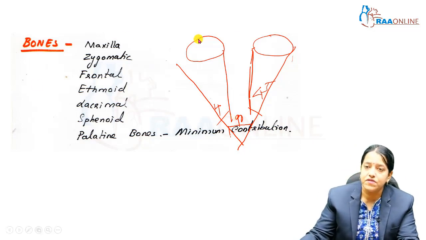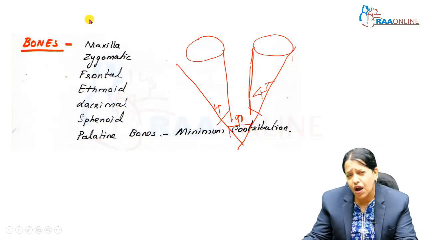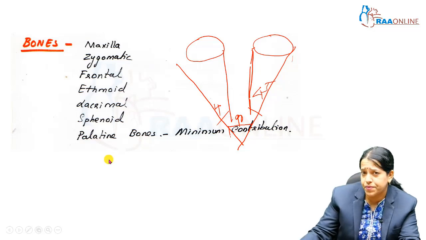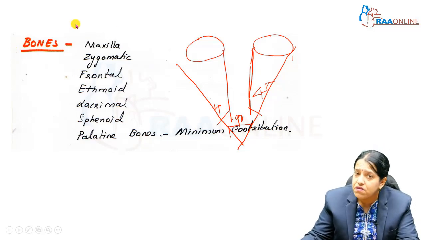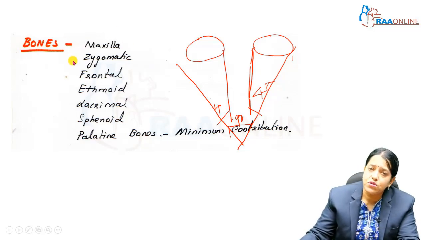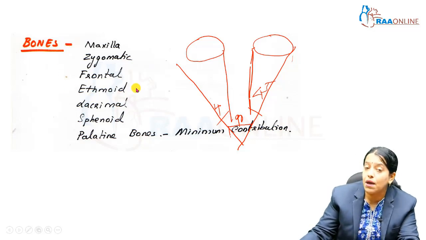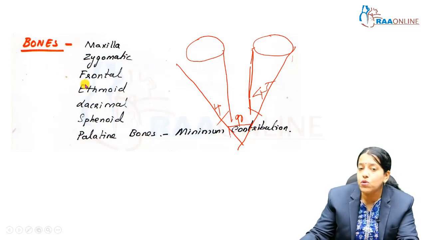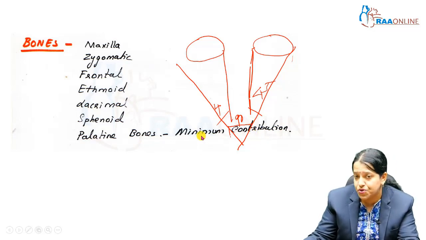So the medial walls of the orbits are parallel to each other, whereas the lateral walls are sloping backwards and forming an angle of about 90 degrees with each other. Coming to the bones which form the orbit, you have the maxilla, then zygomatic bone, the frontal bone, the ethmoid bone, the lacrimal bone, sphenoid and palatine bone, which has very minimal contribution.